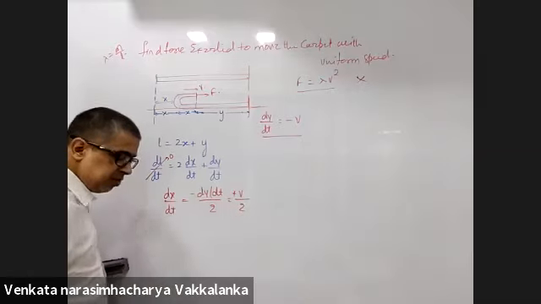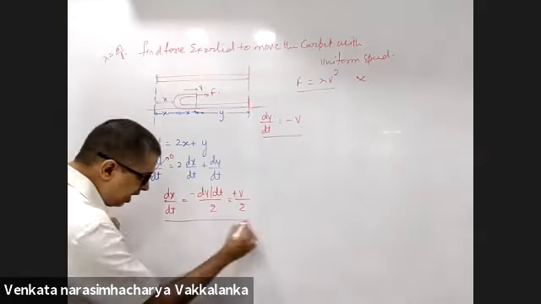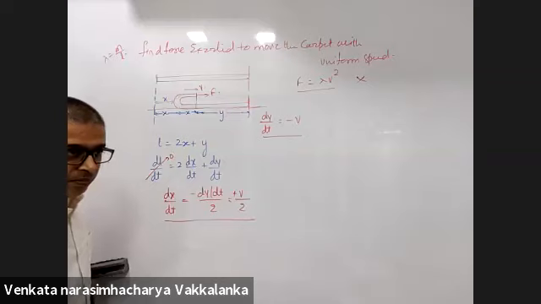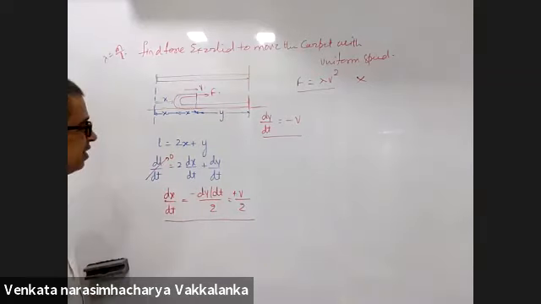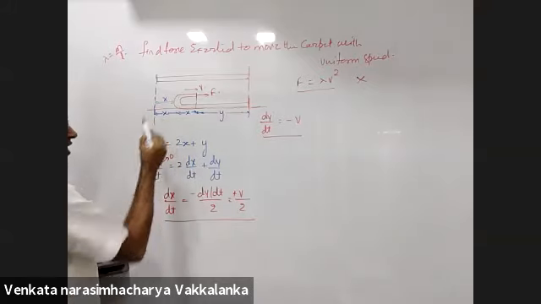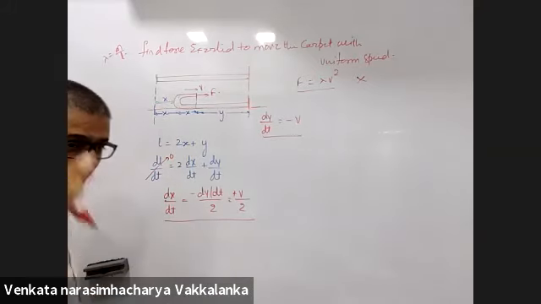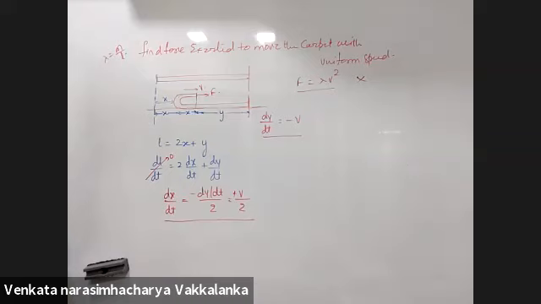Minus of minus becomes plus v. So dx by dt is not v, it is v by 2.